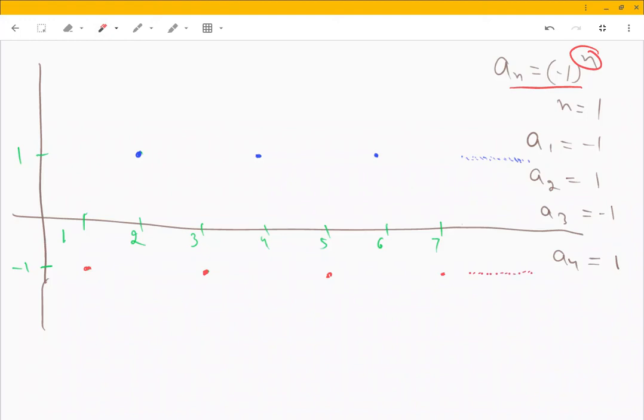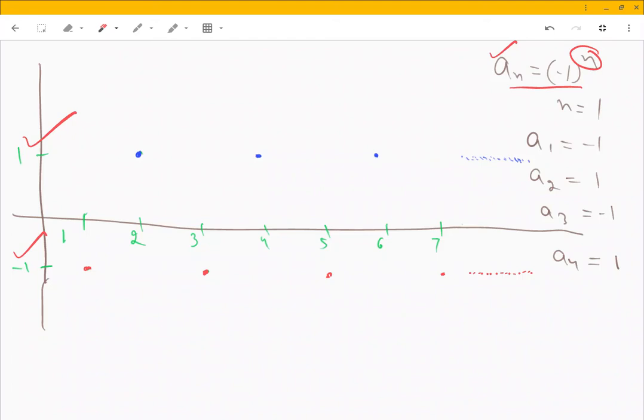So in this case, the terms of the sequence will accumulate around 1 and negative 1. So we will get two limit points in this case, right? Negative 1 and 1, two limit points. And this is where the concept of limit superior and limit inferior comes in.